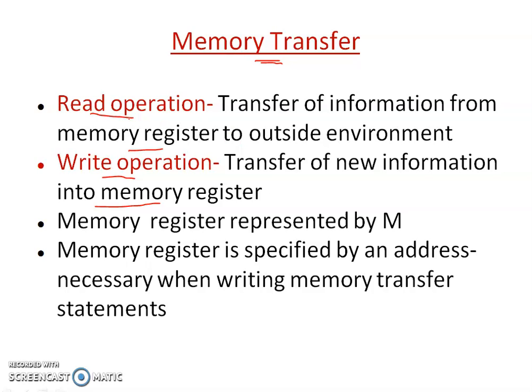In the read operation, you will have the data inside the memory, and that data will be read. Memory means you will have some addresses. From the specified address, the data will be taken and placed on the data bus, and from the bus it will be placed on the memory data register or memory buffer register.